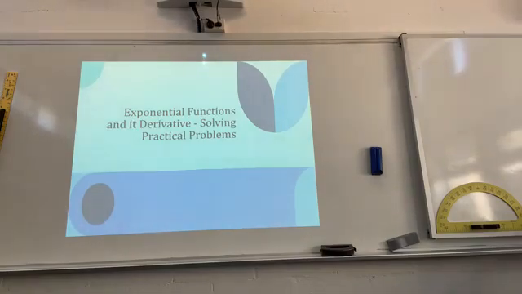We know that if y equals a times e to the power of bx, dy/dx is actually ab e to the power of bx, correct? So now we're going to think about a practical situation where we've got an initial starting value.